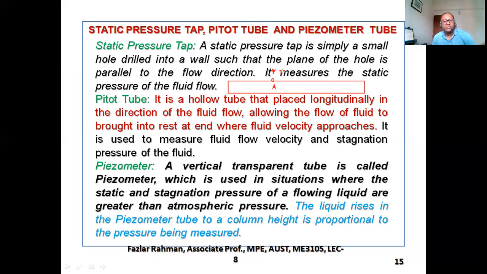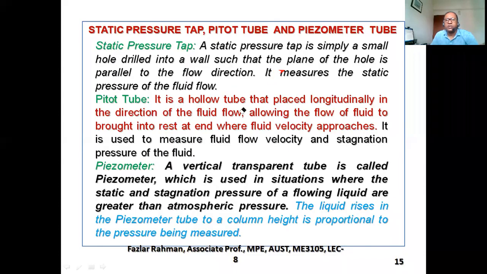The other thing you can use is a pitot tube. From the pitot tube you can measure the pressure and also the velocity. And the application of the pitot tube is very important in your lab. So what is a pitot tube?